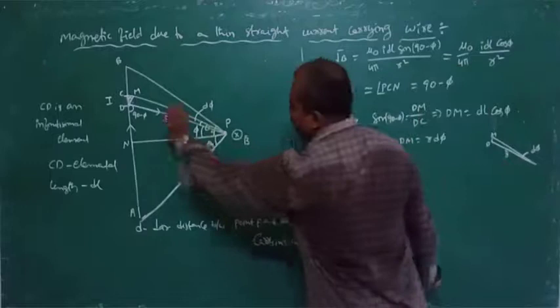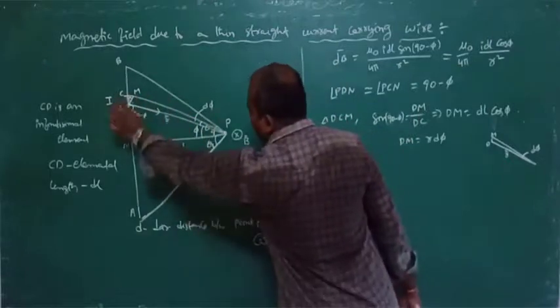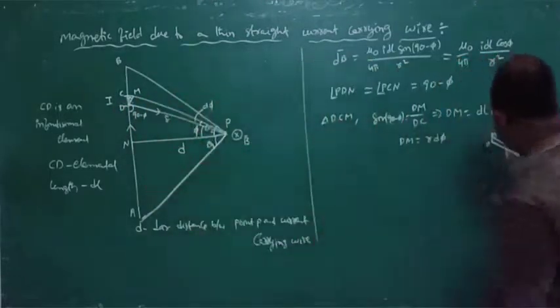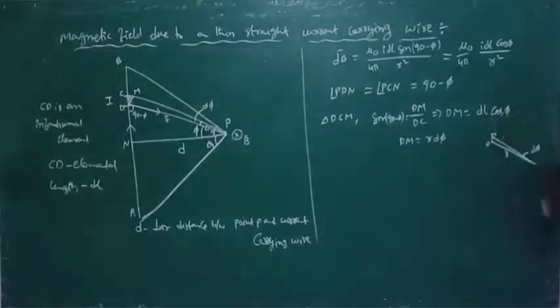From this, the arc length equals radius into dφ. DM equals r dφ.